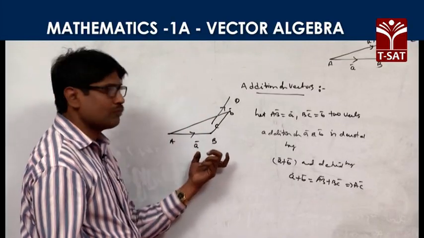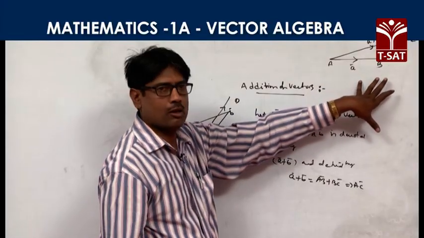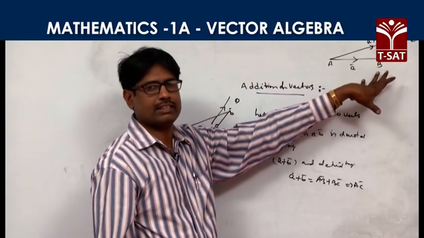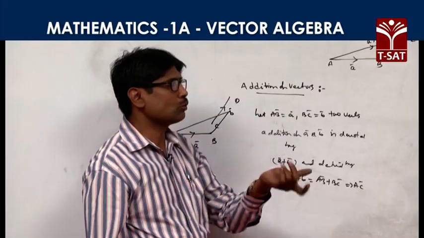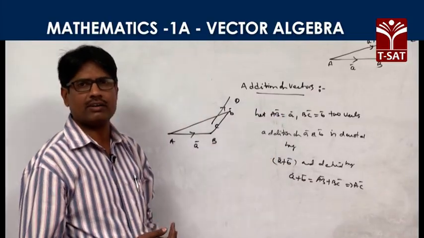So to add two vectors, one thing to remember: the first vector's terminal point should be coincident with the second vector's initial point. And this addition of vectors is also called the triangular law of addition. Why do we call it the triangular law of addition?